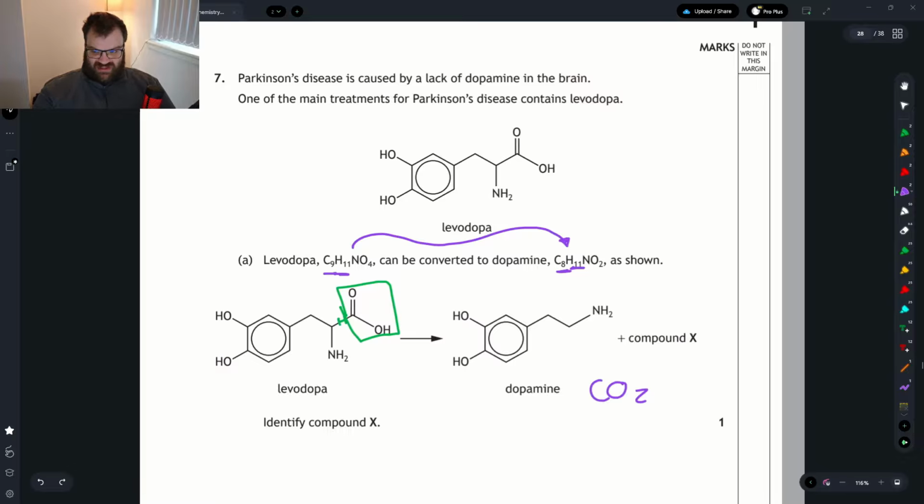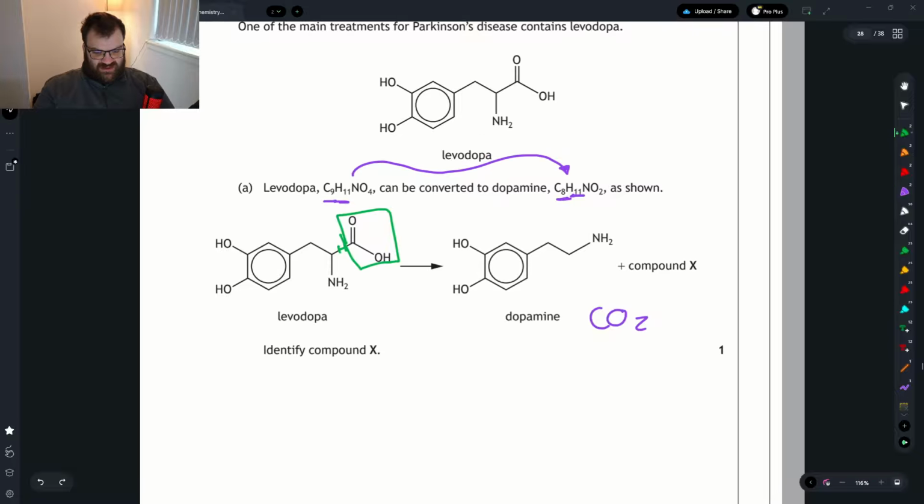So that's looking like it's just carbon dioxide. So if I'd clocked those formulas earlier, that would make this even easier and even quicker to deal with. But it's definitely this bit that's removed. We just need to be careful that the hydrogen is actually going to be on the end of the dopamine. So the hydrogen is going to be attached to the dopamine here.